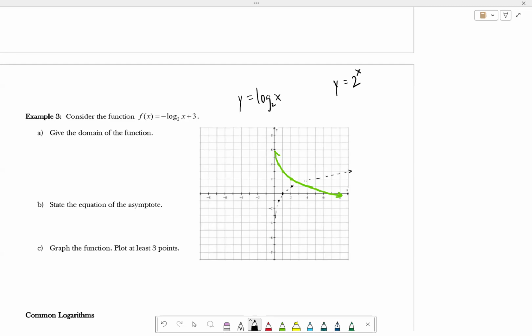Let's talk about the 3 points I expect from y equals 2 to the x. The 3 points I expect there are 0, 1. Yes. Also 1, 2, and 2, 4 is good, 3, 8 is good. The other one I want is -1, 1/2. So remember the 3 points that I want for the log base 2 are just these coordinates flipped.